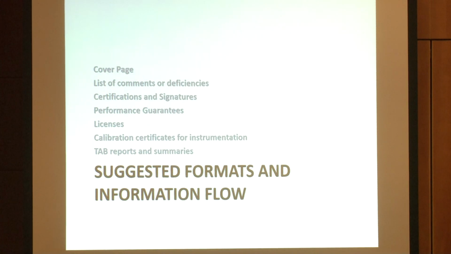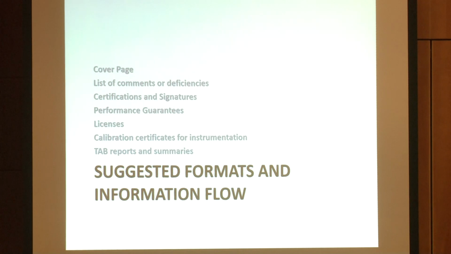What we like to do is have a suggested format for the information flow. So we like to see a cover page to start. Then we like to see the list of comments and deficiencies, the certifications and signatures, any performance guarantees, licenses used, all your calibration certificates for all the instrumentation, and then finally, at the end, the TAB reports and the summaries.